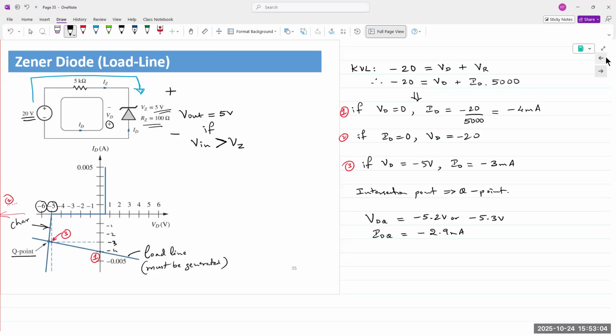So let me see if I understand it. So Vout is 5 volts and VZ is 5 volts, but then you said something about it being negative. Yeah, VD is only talking about the diode itself. And so VD is always referenced with anode as positive.